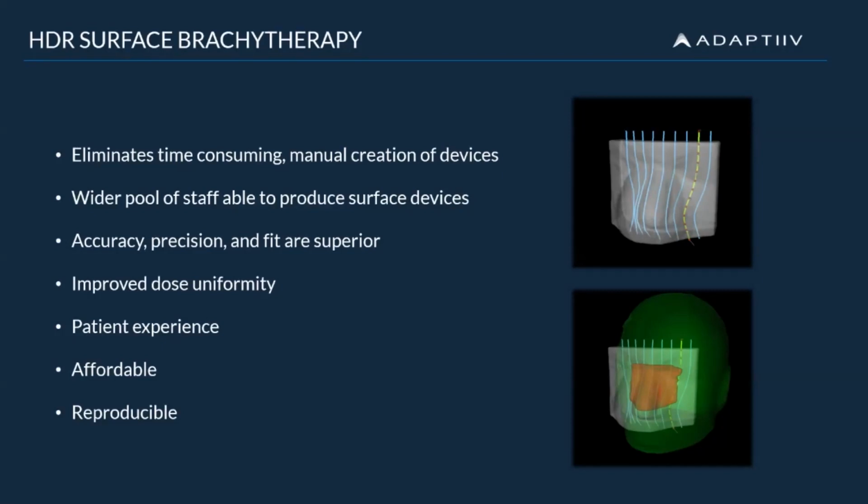If an applicator that you've created by hand is broken or lost, you go back to the drawing board and have to redo them. But a 3D printed applicator is easily reproduced and can be done in a matter of hours. So we take that risk away from users by using our software.